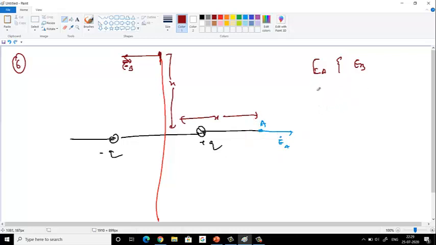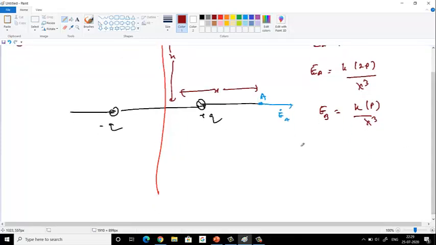See, electric field on the axis is given as what for a dipole? K into 2p divided by x cube. For the equator, that is this point, EB, EB is equal to K into, just taking the magnitude, p divided by x cube. So if you divide EA by EB, K and K get cancelled, x cube cancels, p and p cancel, you get 2.